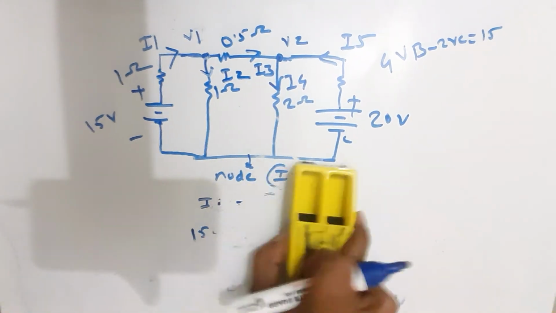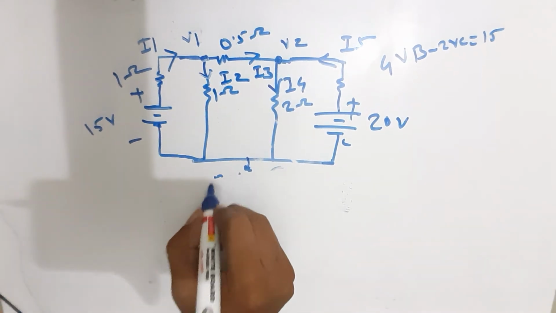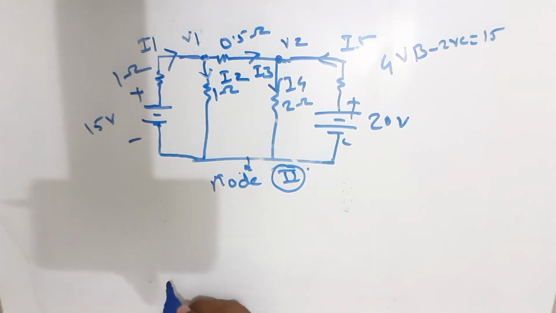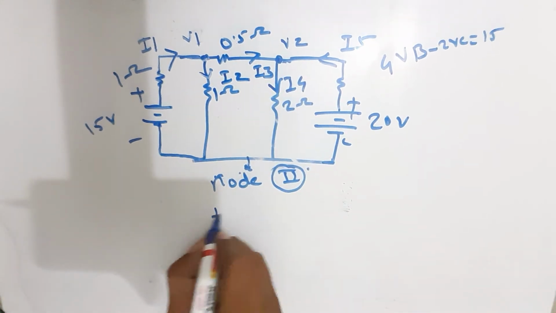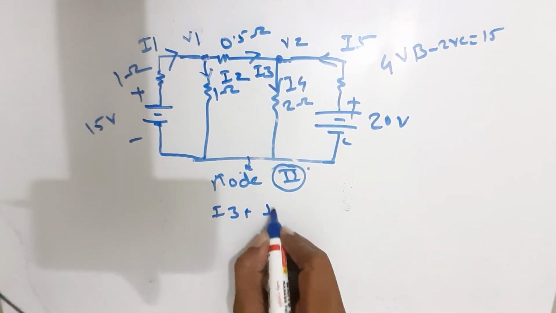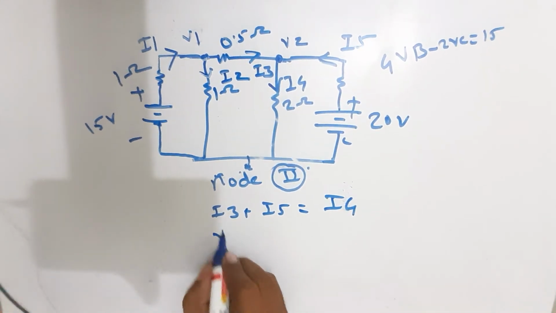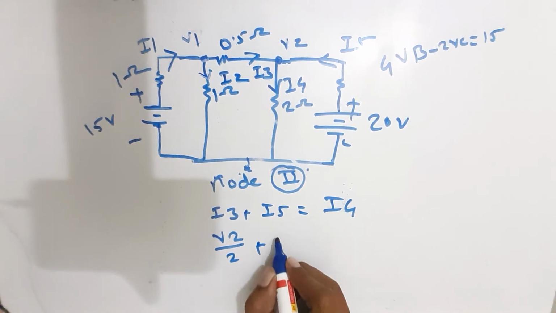Now I will go for the second. Apply the equation for node second. Okay. So applying it for node second. Just check it. Entering currents are 2, I3 plus I5 equal to what? I4. I3 starting voltage V2 divided by 2 plus I5 is what?